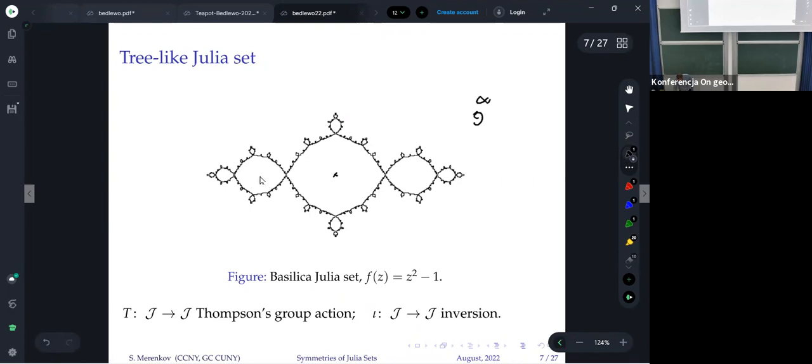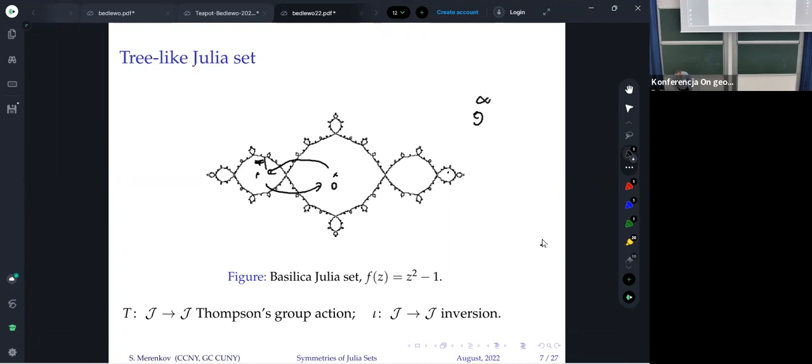You have a 2-cycle, right? 0 and -1, a 2-cycle, and so on. So everybody here in a bounded Fatou component eventually gets mapped into this 2-cycle. Again, very simple dynamics. I shouldn't probably be explaining this for this audience.